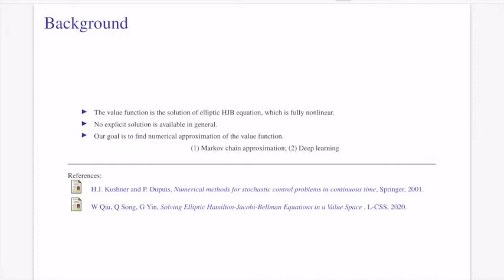For the Markov chain approximation, we recommend Kushner and Dupuis's book from 2001. And our recent work here is about how to adapt this Markov chain approximation to the recent development in neural networks.